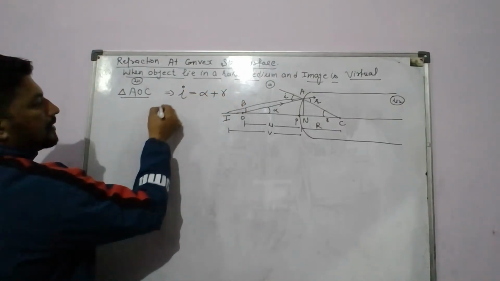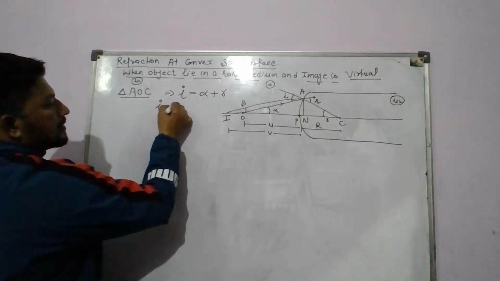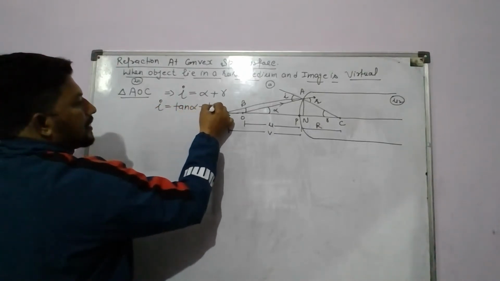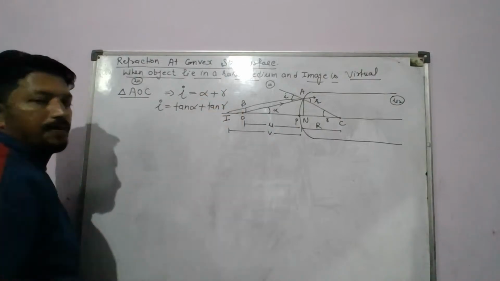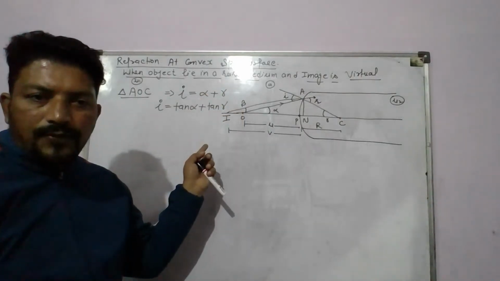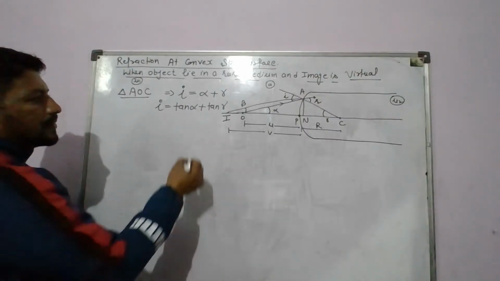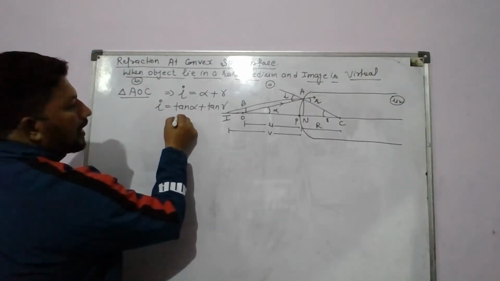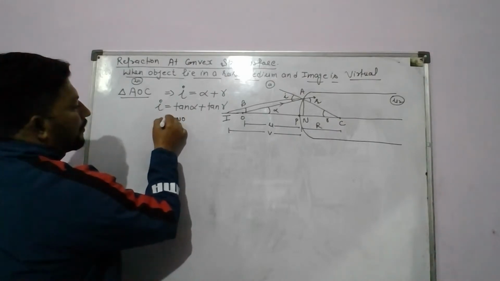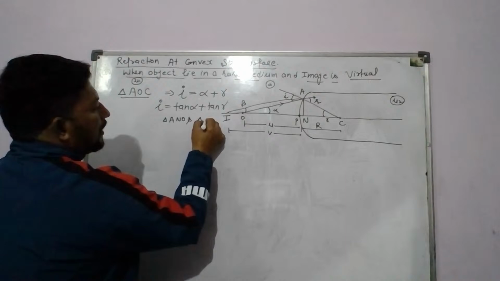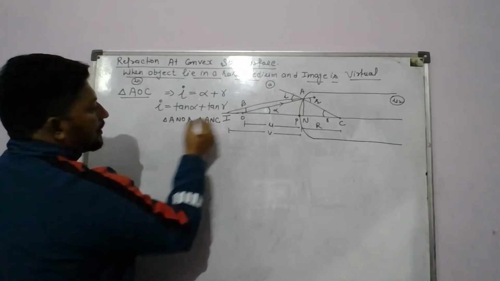Again taking the tangent, i is equal to tan alpha plus tan gamma. Again you take the triangles of alpha and gamma, ANO and ANC.